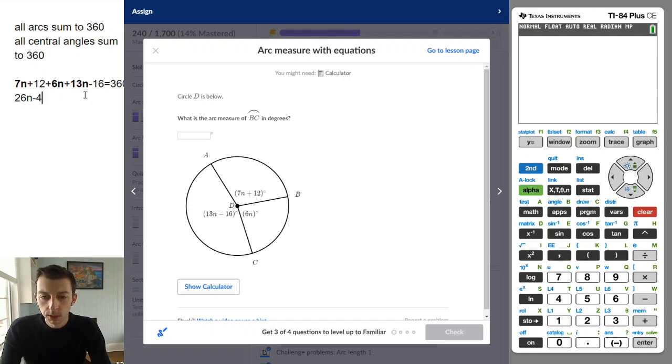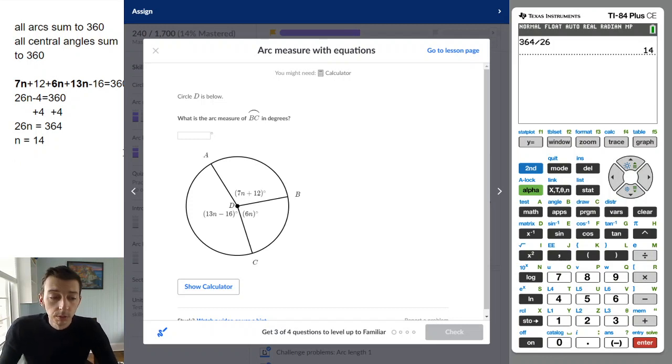So 12 minus 16 is minus 4, equals 360. I should add 4 to both sides, and I get 26n is equal to 364. If I do 364 divided by 26, I end up with 14.